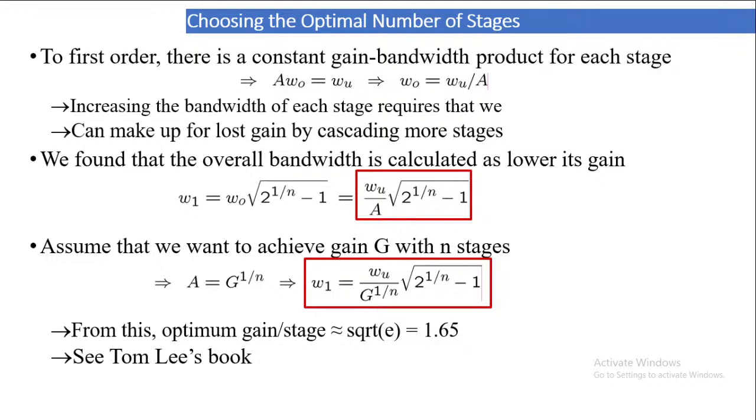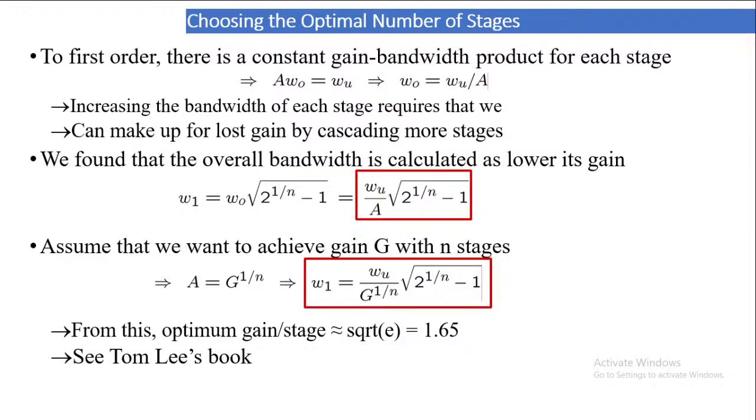Now how many stages are we going to use? Choosing the optimal number of stages. To a first order approximation, there is a constant gain bandwidth product for each stage. In each stage the gain bandwidth product is constant, not the overall.